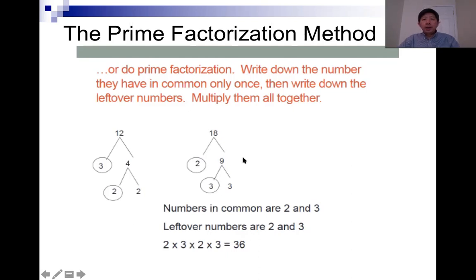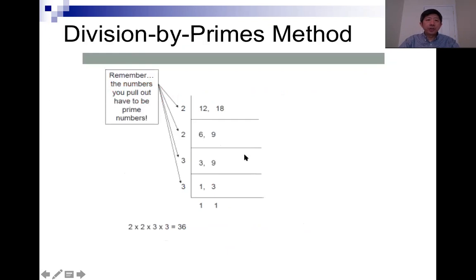All right, let's move on to the next, which is the division by primes method. I believe when I went over the earlier item, I talked about this before. We take 12 and 18 and divide by 2. Divided by 2, prime number, I get 6. Divided by 2, I get 9, okay? Now next, 6 and 9.